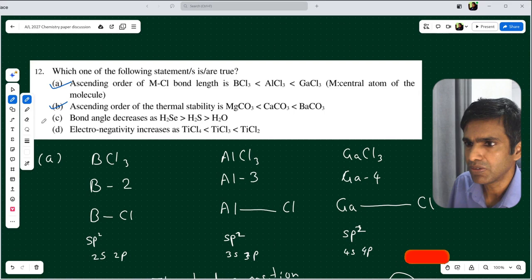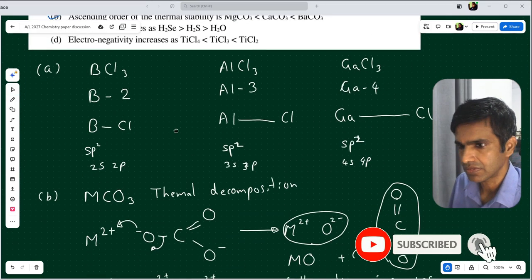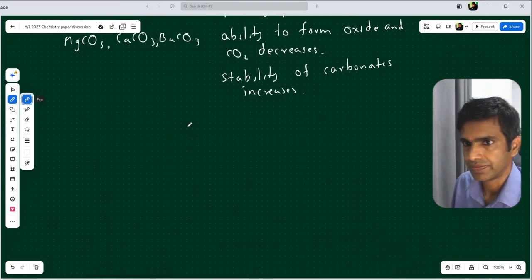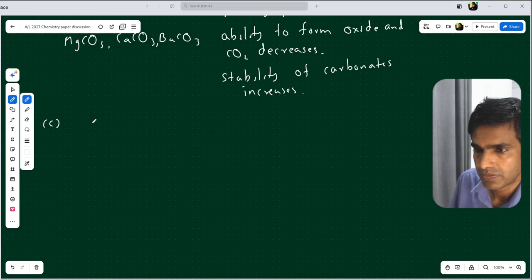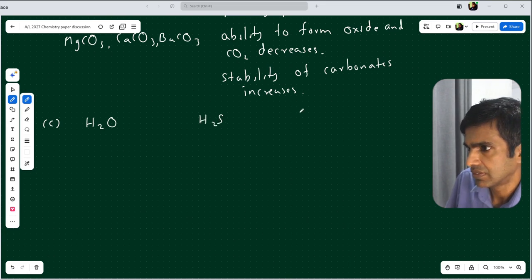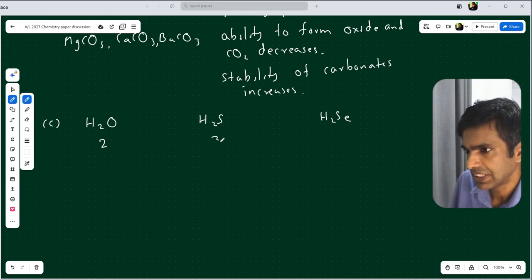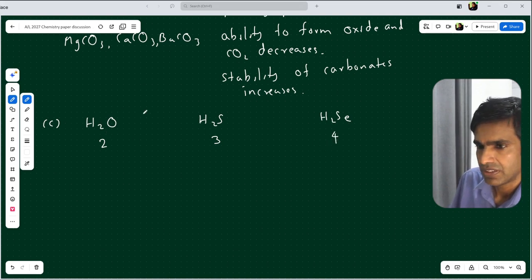Statement C is about bond angles. H2O, H2S, H2Se. So we know that valence shell of oxygen is second principal energy level, where valence shell of sulfur is third principal energy level. Valence shell of selenium is fourth principal energy level. The shape of all these molecules is angular and hybridization is sp3.